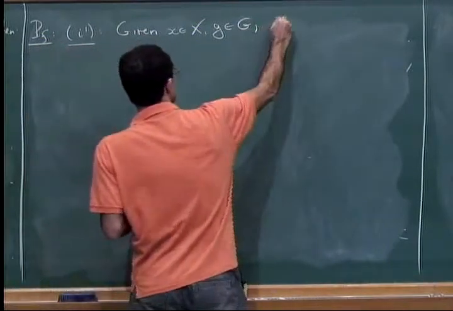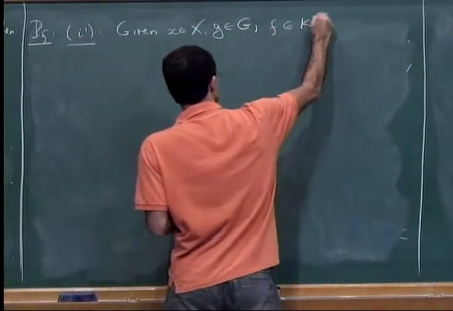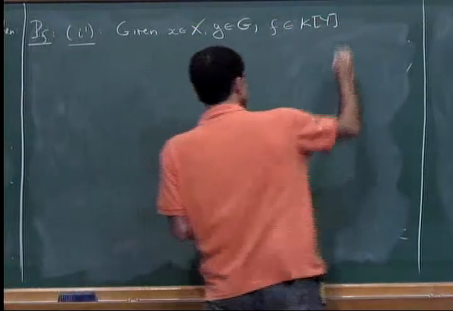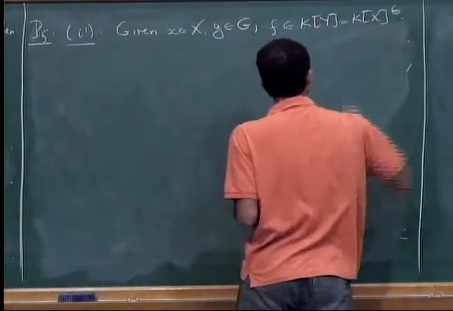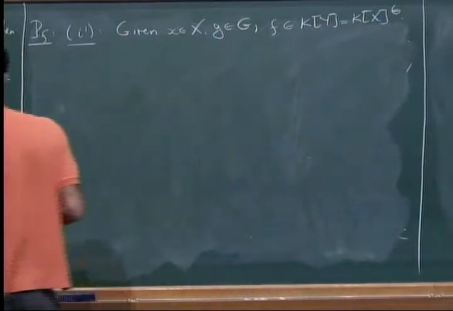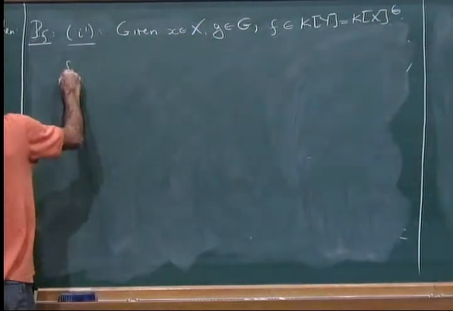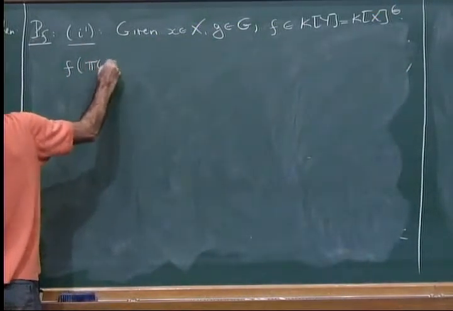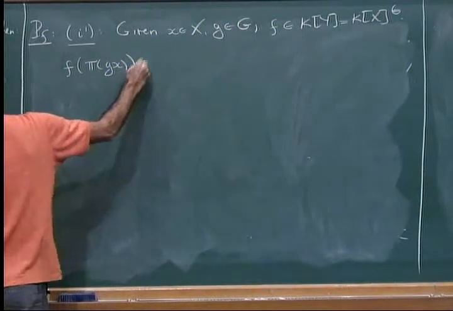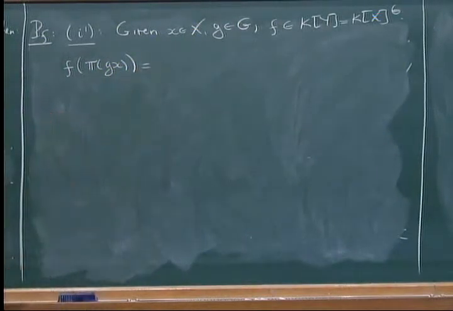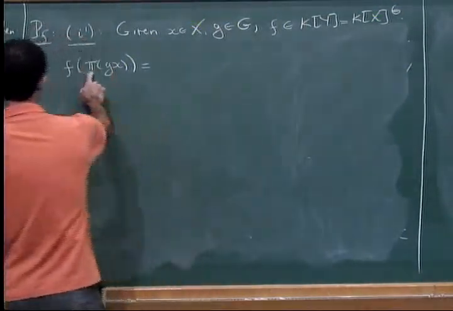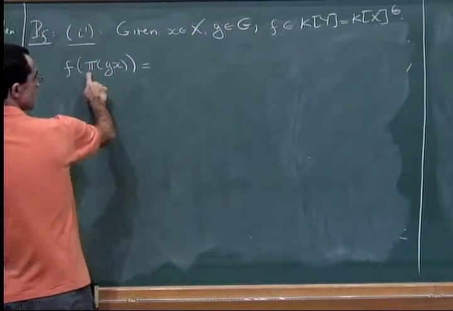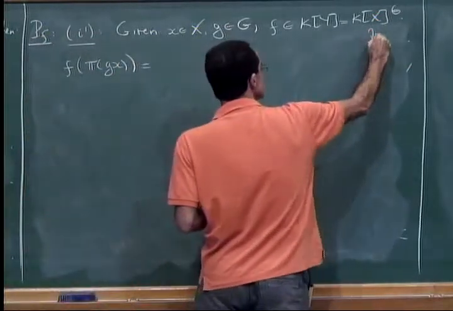And any regular function on Y. So remember that this is K of X, G. Then if I pick f and evaluate it at the image of this point, so what do I get? So this is composition by pi, right? But the composition by pi is just the inclusion.